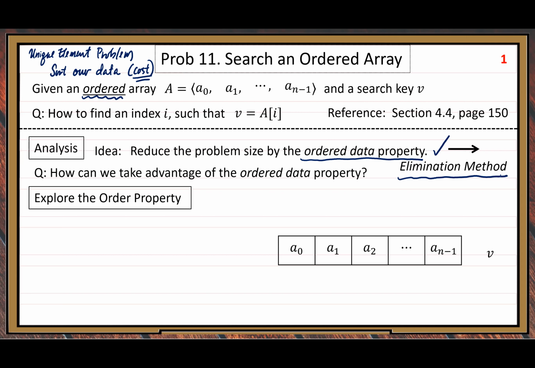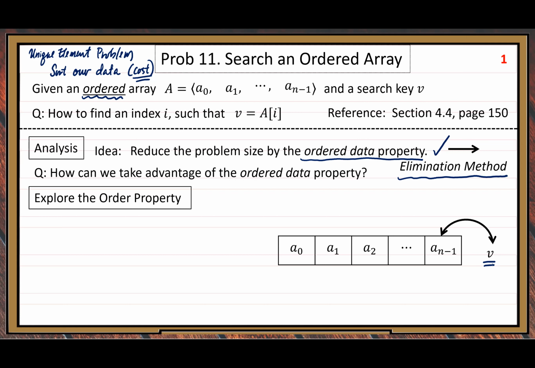In ascending order, A0, A1 through AN minus 1, and also the given key V, we want to use it to do comparisons with the given elements. When we do comparisons, there are many different ways we can do comparison, right?